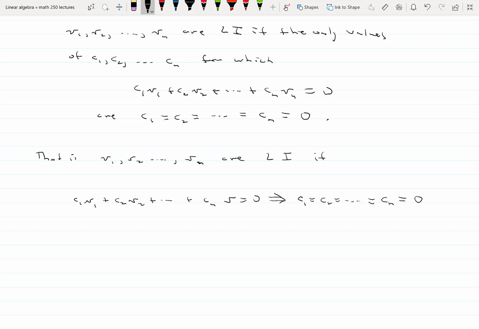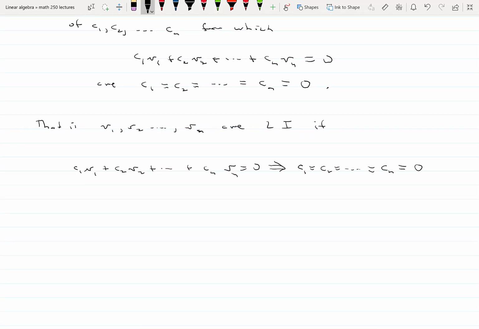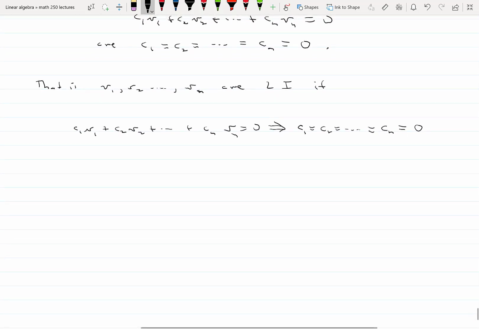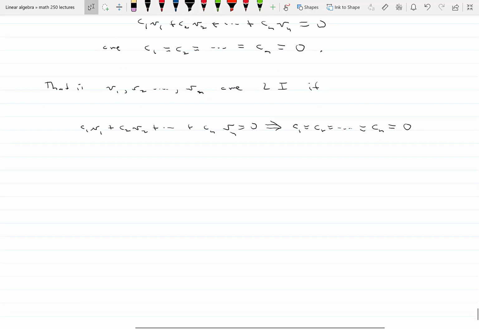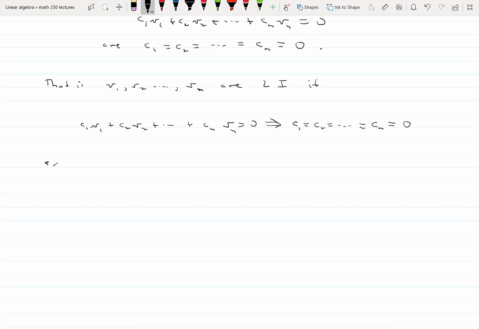The only constants that will make that equation hold true are all 0. Okay? If you're lost, relax a little bit if you can, and let's take a look at some specific examples. This will clarify the concept of linear independence.